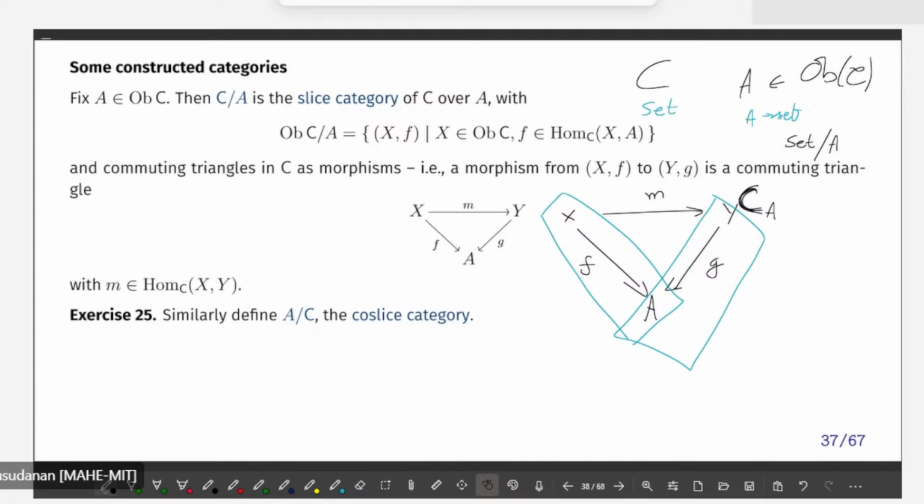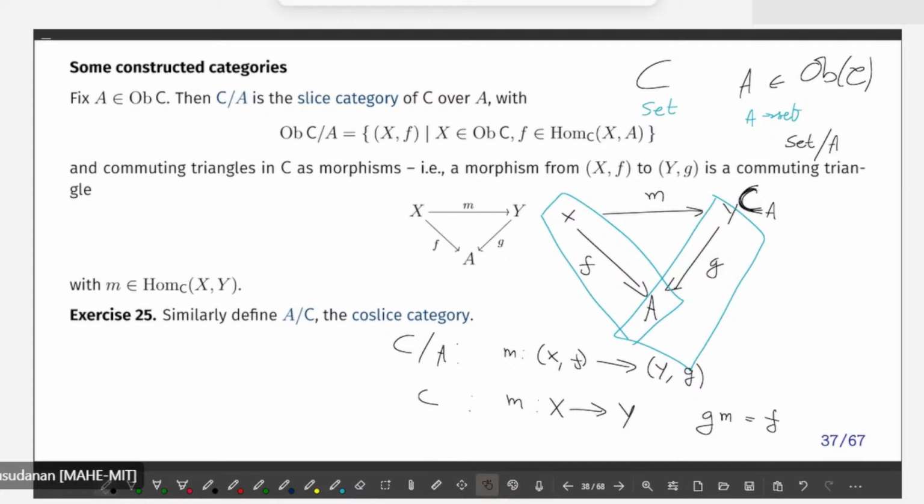You say that M is a morphism from (X, F) to (Y, G) in C over A if, in C, which is already fixed and you are not deciding what the objects and morphisms are there, M is a morphism from X to Y such that this diagram commutes. That is, such that G after M is equal to F.